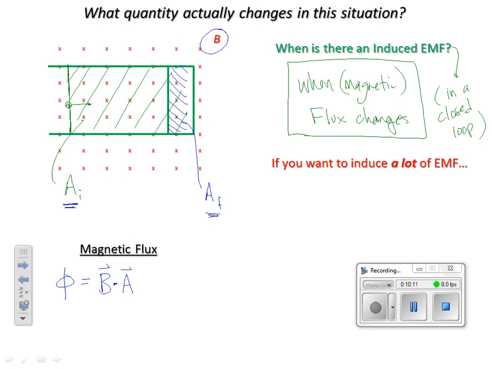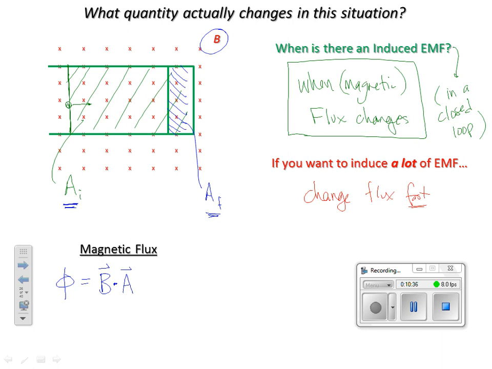So if we want to induce a lot of EMF, here's what I will say: change flux fast. Just like our F is QVB, where the faster we move the thing, the bigger the force, and the bigger the force, the faster you'd get a current to go.